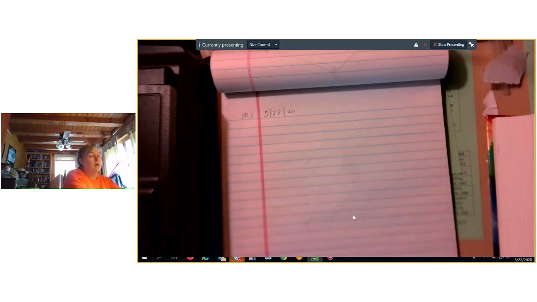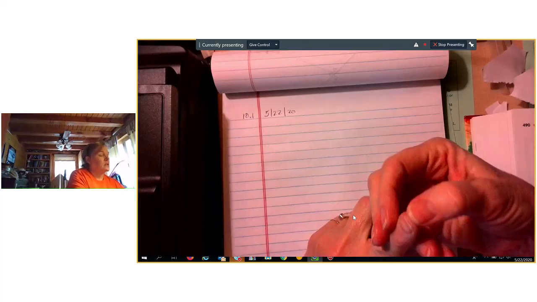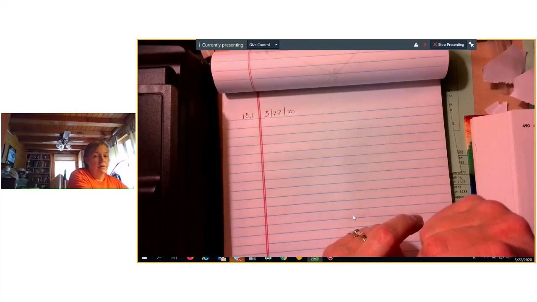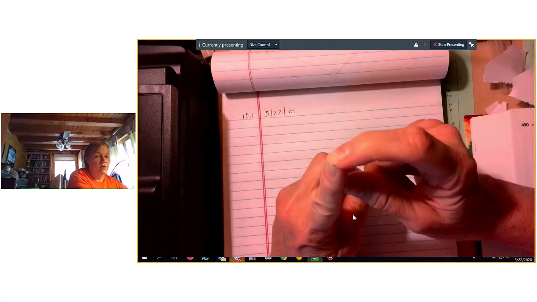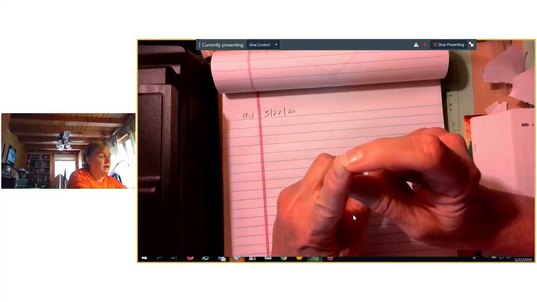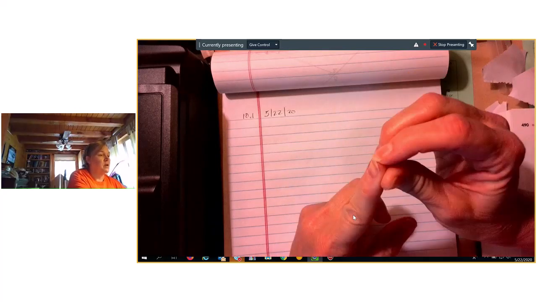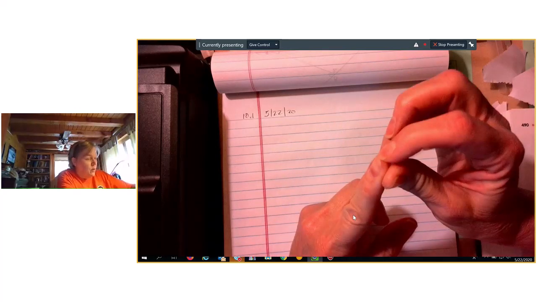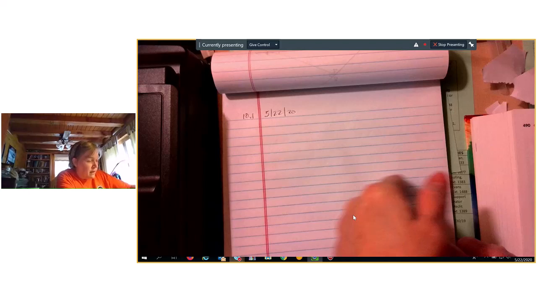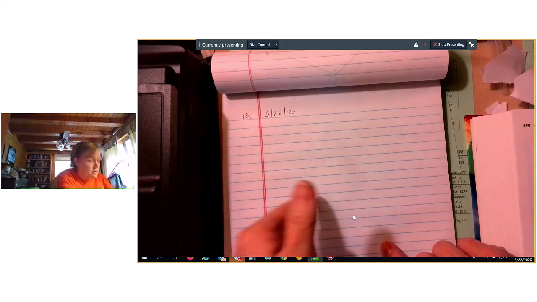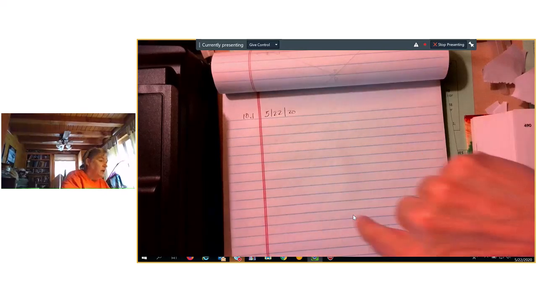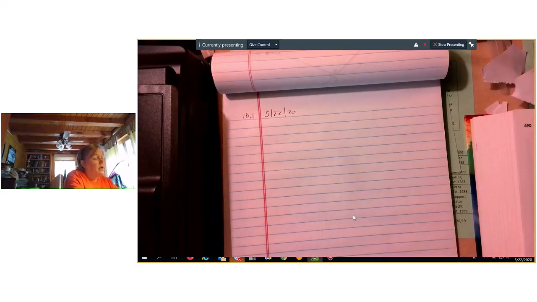Now, the little tip end of my fingernail here, if I was to get a ruler, the tip end of my fingernail, not this whole fingernail, but the tip end of my fingernail measures about 1 millimeter. So if I wanted to go through here and count millimeters, I could do just like this, have my fingernail down and count, which would be very painful.